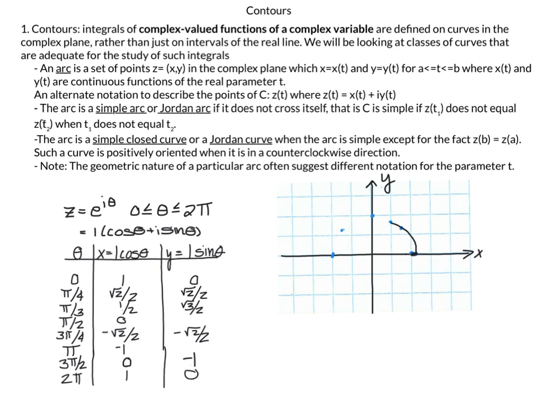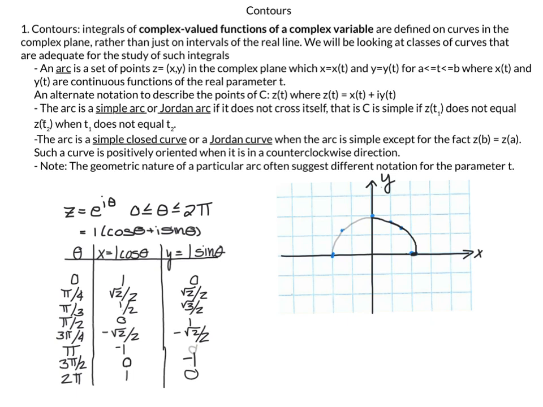And then as theta crosses pi over 2, which is straight up on the y-axis, we're going to have x equal to 0 and y equal to 1. This should have been a 1 here. So we come and we meet this, and you can see that we keep going as theta is equal to pi radians. Then we're going to be at (-1, 0).